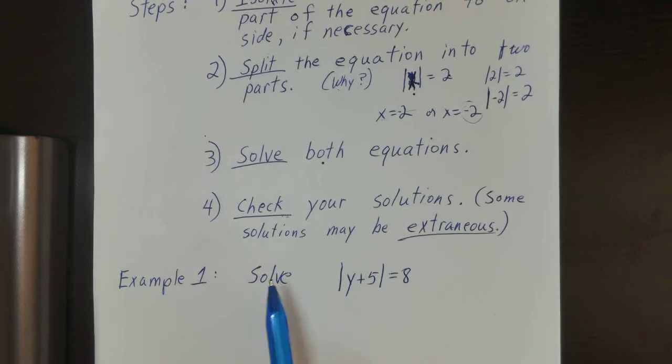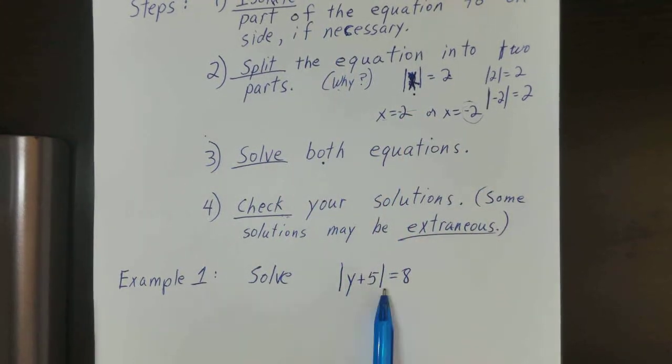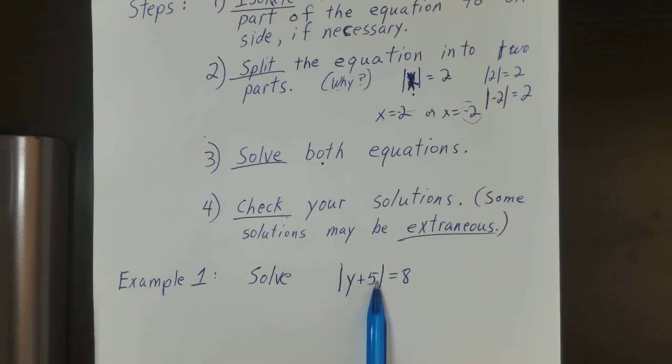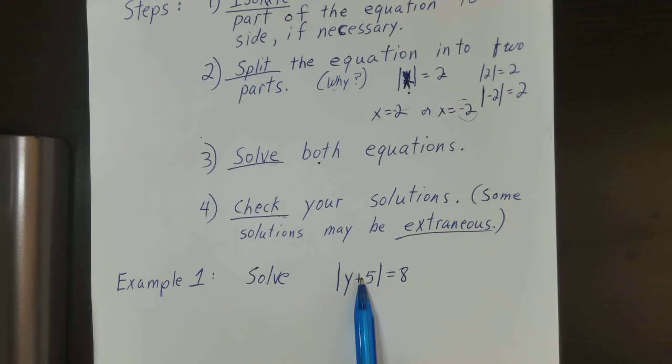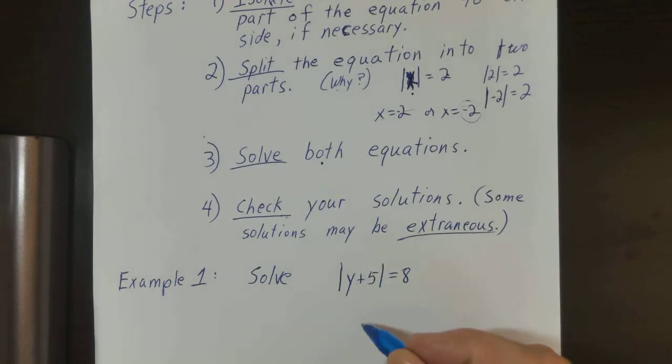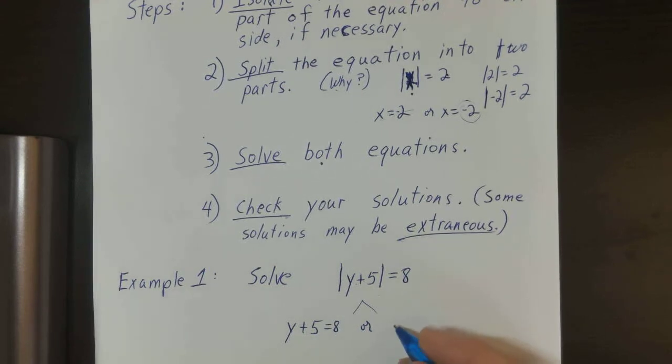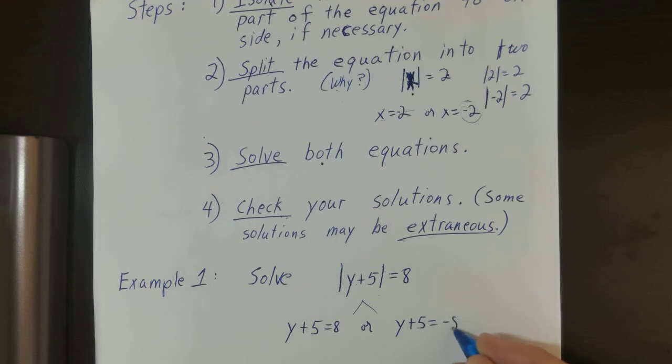So, example 1, isolate the absolute value. Absolute value of y plus 5 equals 8. It is isolated already. You got an absolute value expression on the left side of the equation. So now we're going to split into two equations. y plus 5 equals 8, then I put the word or in between them, y plus 5 equals negative 8.